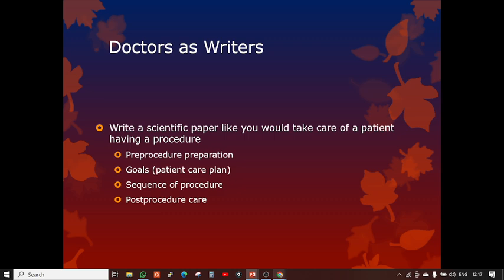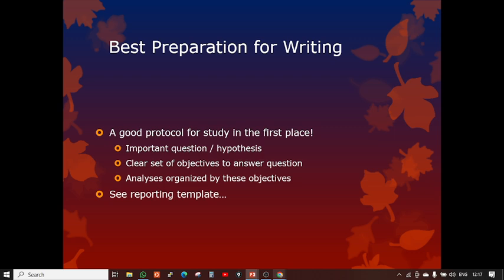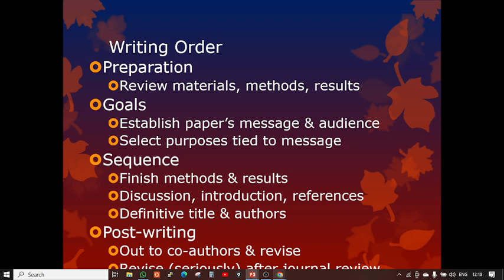So whenever you write a research paper, gather the important information and have a proper output. Prepare well: a good protocol in the study, important questions, hypothesis, clear mindset, objectives, answers, and research findings. Everything has to be made properly.